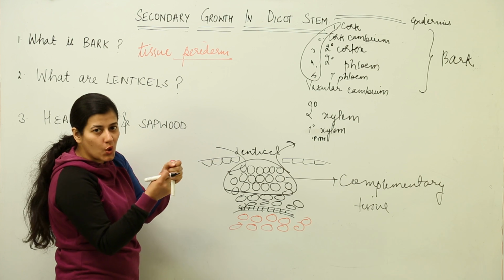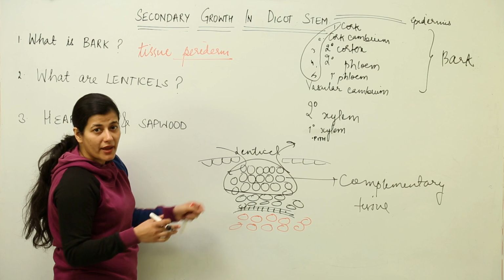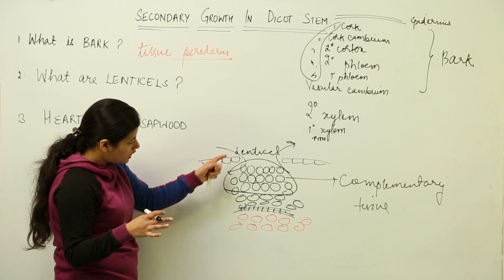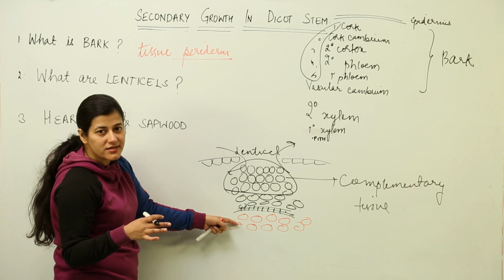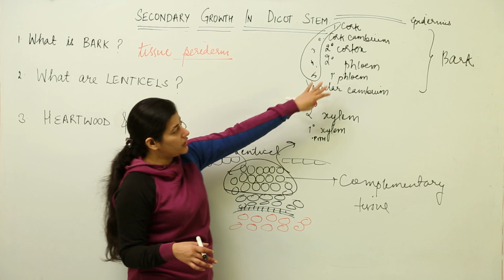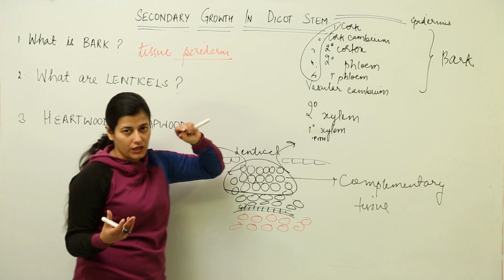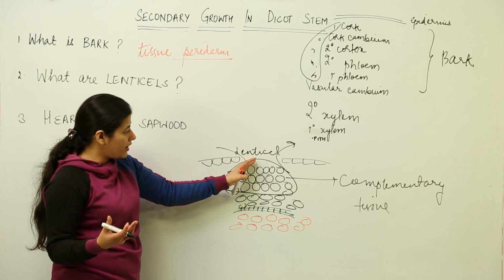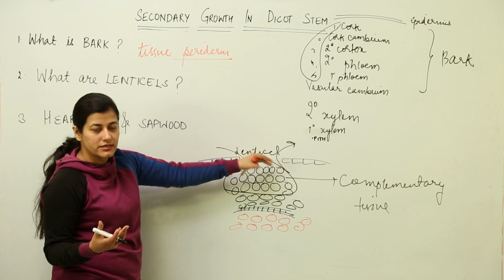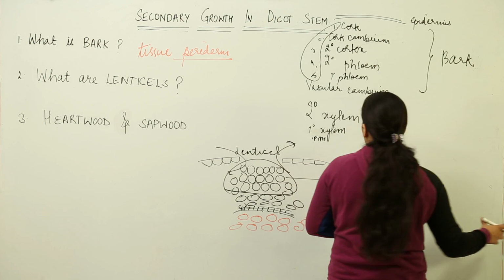The bark which is broken at places is because of the presence of lenticels, which are meant for gaseous exchange between the cells which are present outside the vascular cambium, the newly formed cells. They also need gases for their functioning, and that gaseous exchange is met by the lenticels which are formed. The term complementary tissue is to be remembered. They are parenchymatous.